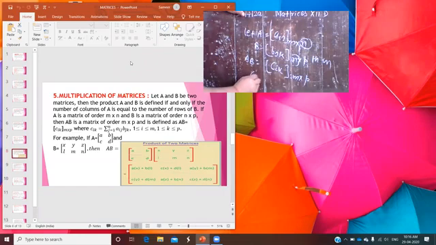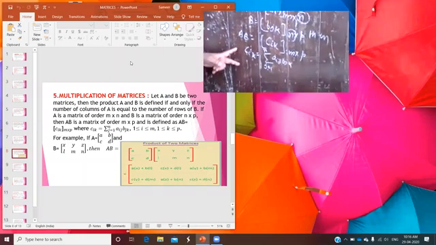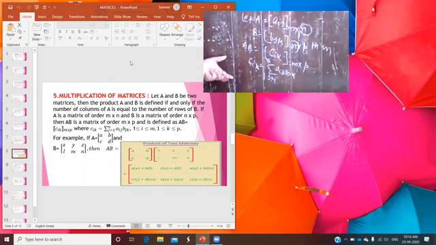C_ik is the summation, the sum of the products of a_ij and b_jk, where j varies from 1 to n. You only have to write that definition. With the help of an example, I will describe how you take the product of two matrices.